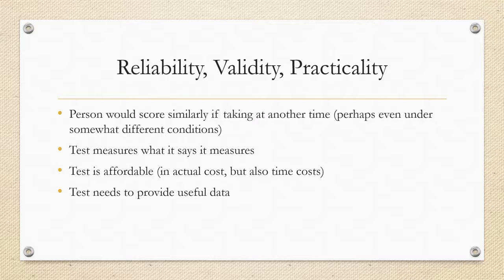If there's no breakdown of scores and teachers just get one massive score, is that enough for them to do something useful with? All right, so things to think about. Are teachers going to be able to do enough with the data? Are students going to be able to make sense of the data to know where they need to work on their different skills?